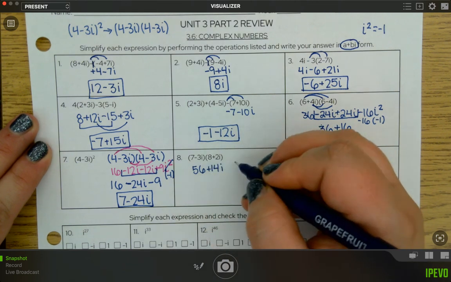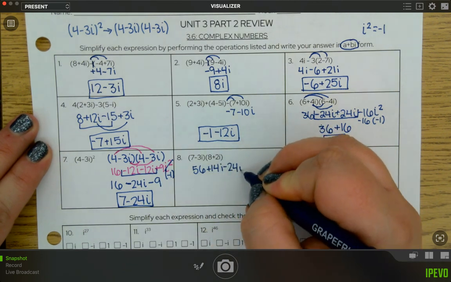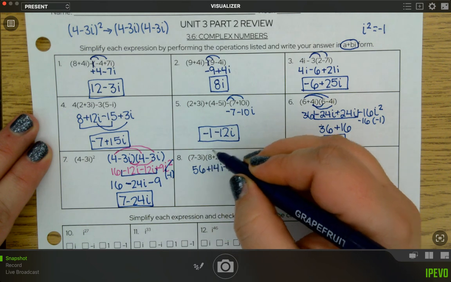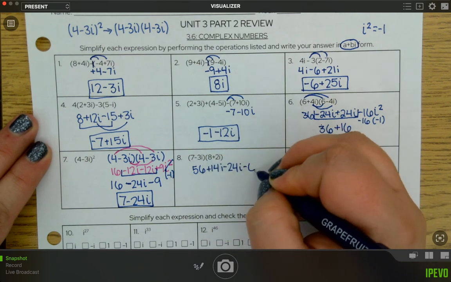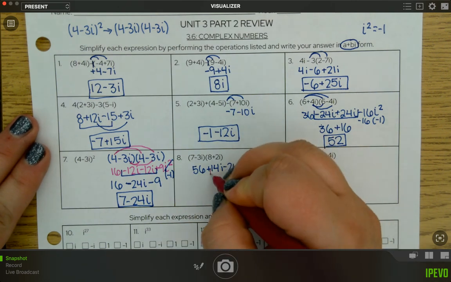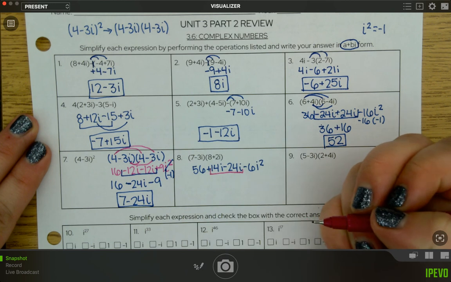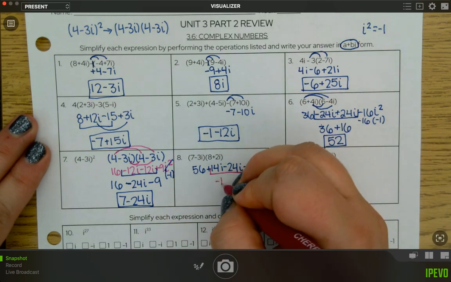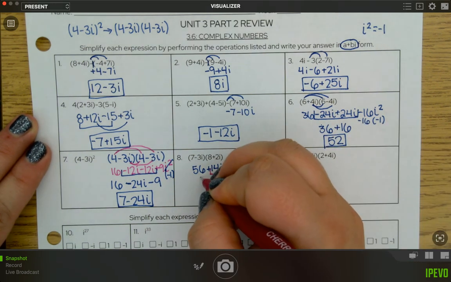Negative 3i times 8 is negative 24i. And negative 3i times 2i is negative 6i squared. Then we're going to go ahead and add together our i's in the middle. 14 minus 24 is negative 10. The 56 stays out front.